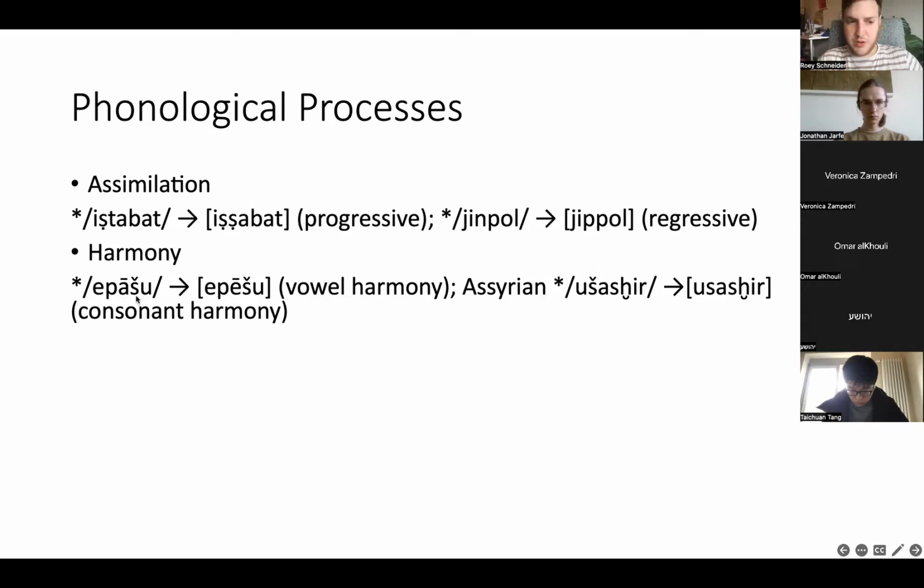For example, vowel harmony is very common in certain languages, and Assyrian has this nice sibilant harmony, but that's much, much rarer. In general, consonant harmony is not a very common phenomenon in languages at all, only in sibilants.